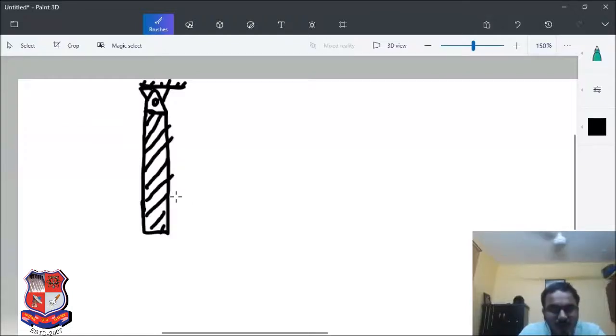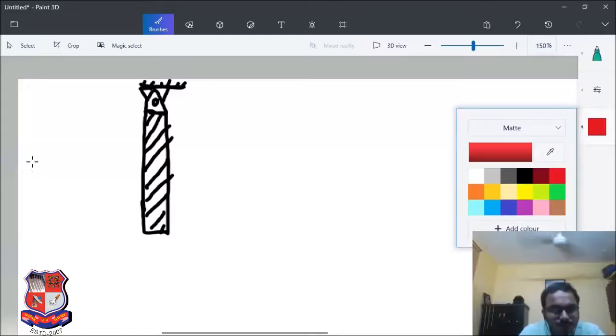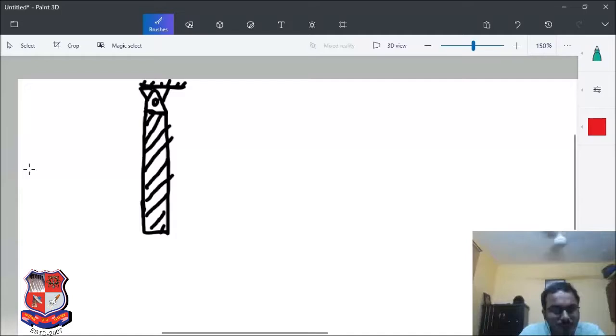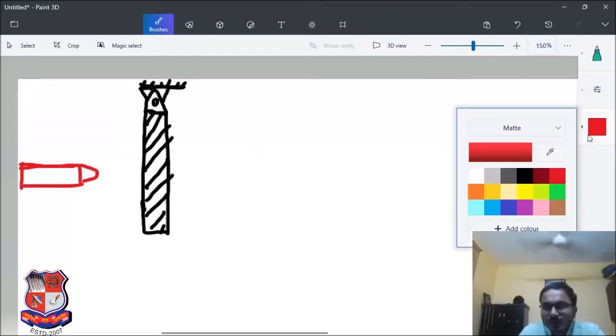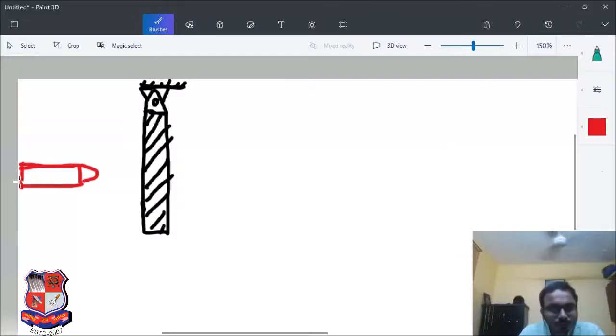Okay, so this will be our flat plate and there will be a nozzle, like this, and we can also draw the axis of the nozzle.